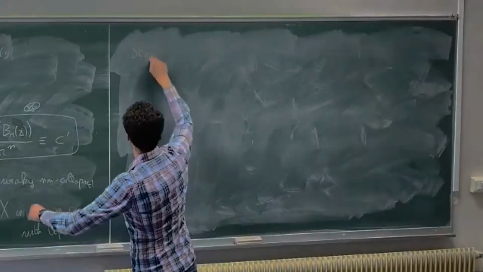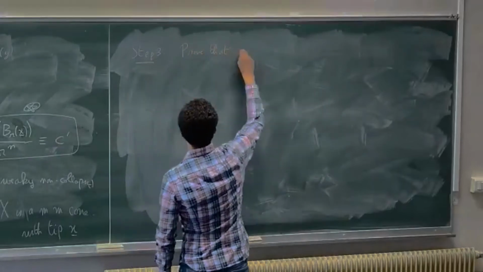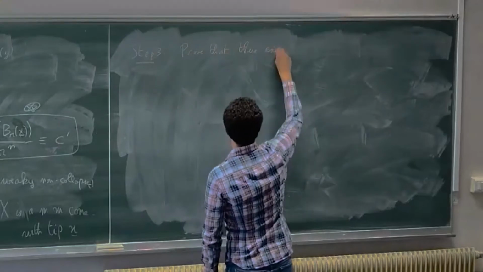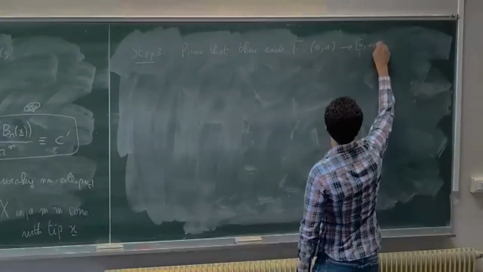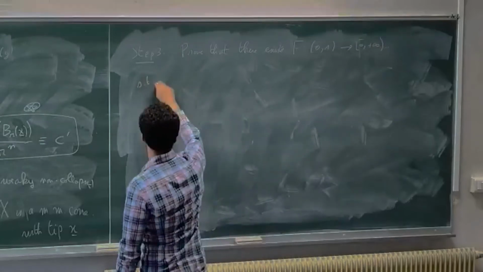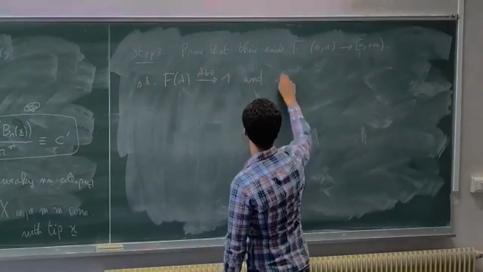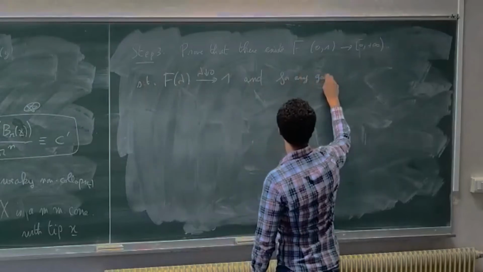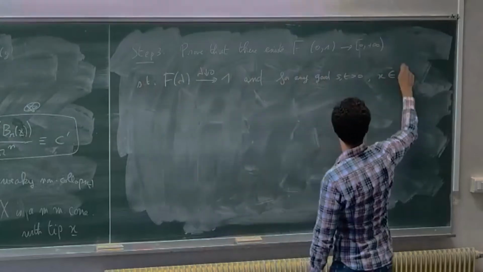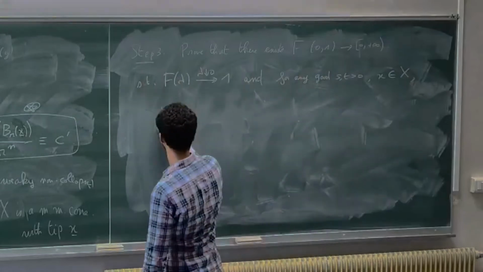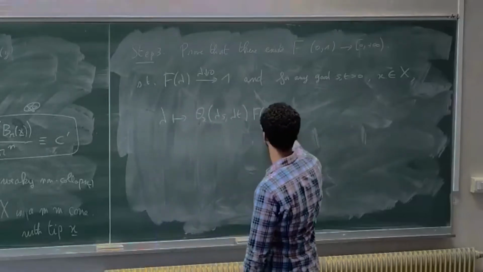So in order to prove this, we rely on the fact that there is a function f from 0,1 to 0,+infinity, such that f(lambda) goes to 1 as lambda goes to 0, and for any x in the Kato limit, this function theta_x(lambda s, lambda t) times f(lambda) is monotone.